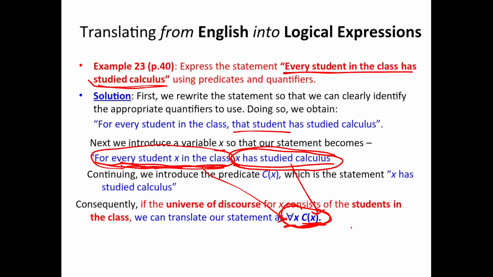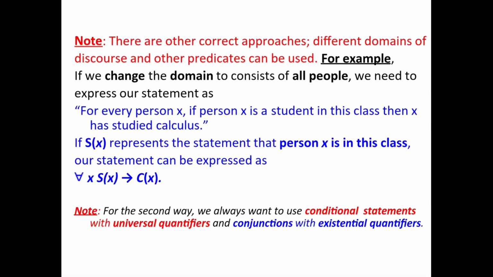That is the given statement. So what if we add that if person x is a student in this class. So we will add another representation. We will have S of x, which will represent the statement that a person x is in this class, and our statement can then be expressed.